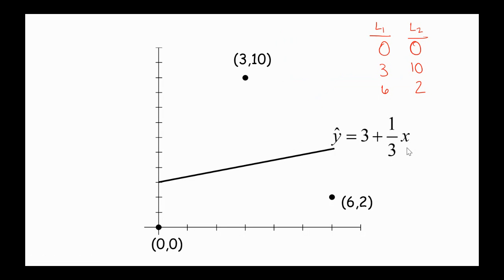Let's figure out what our deviations are from that line. It looks like we still have some big ones, especially that separation of that 3 up above.